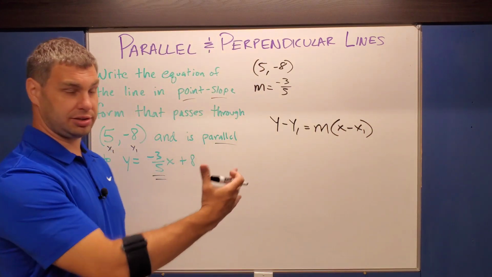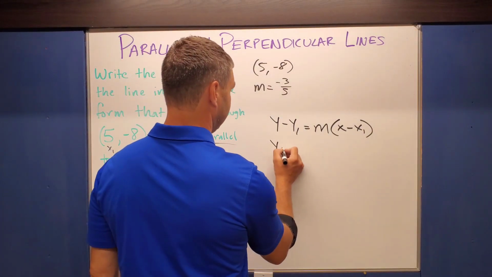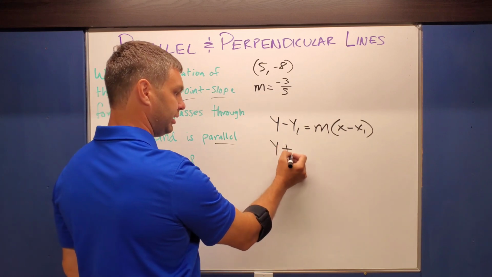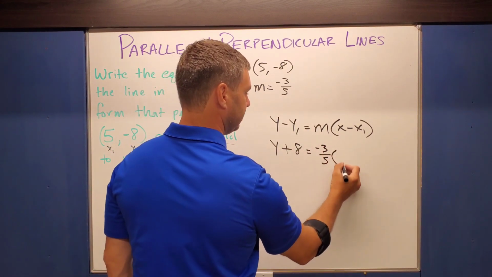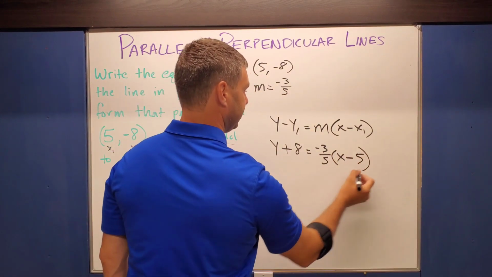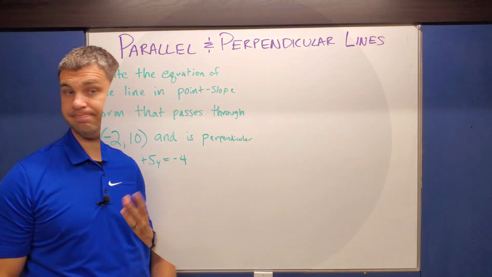We're just going to insert these parts into this formula, and that'll be it. Okay, so let's try it here. We got y minus, my y1 is a negative 8. So y minus a negative 8 is y plus 8 equals a slope negative 3/5 times x minus the x1 that I have, which is 5. All right, and since they just want point slope, I think we're done. Let's try another one. More of a challenging one here.